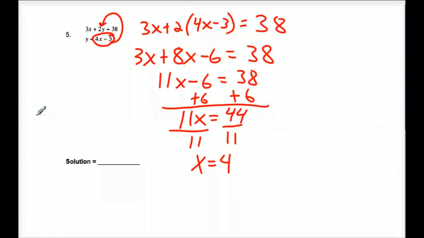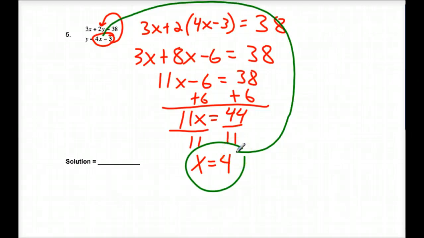Back to Catherine. Now that x equals 4, where are you going to substitute that to figure out what y equals? First equation or the second one? The second one, way easier. Everybody take your x value of 4 and substitute it into the second equation.